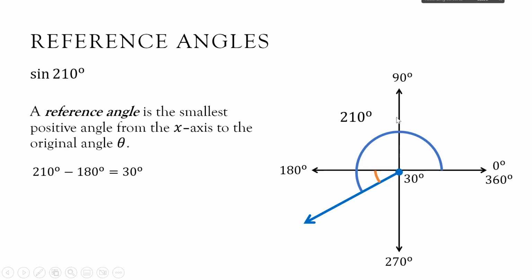So if I look at this picture I have on the right, remember my x-axis is this horizontal line. So my reference angle is saying how far is my original angle from this x-axis. What's the closest way or quickest way I can get there? Well, my quickest way is drawing from my angle and going upwards, and that is a 30-degree angle.